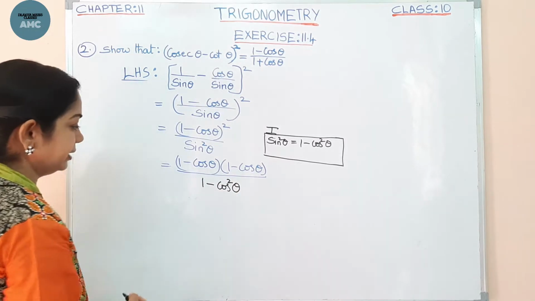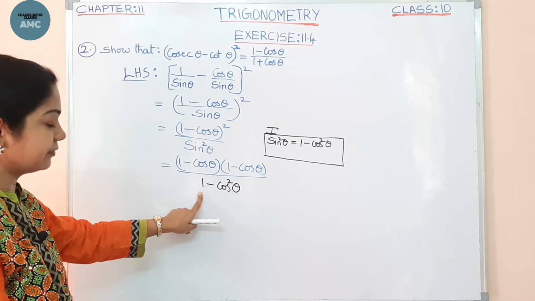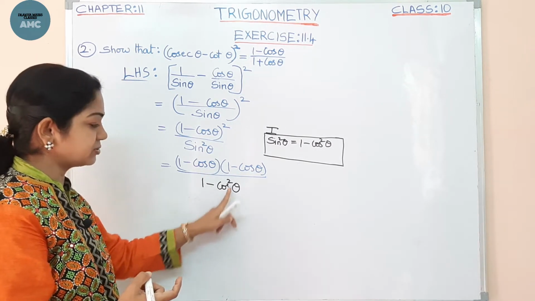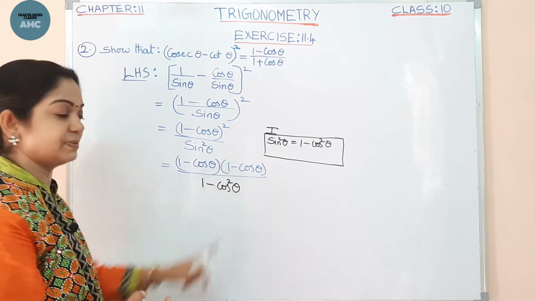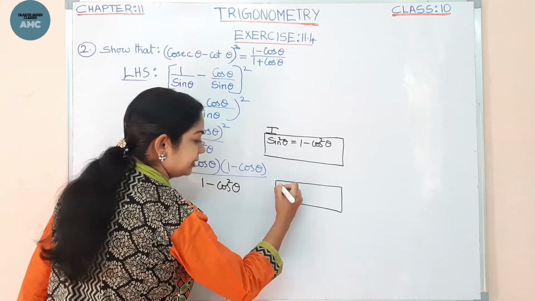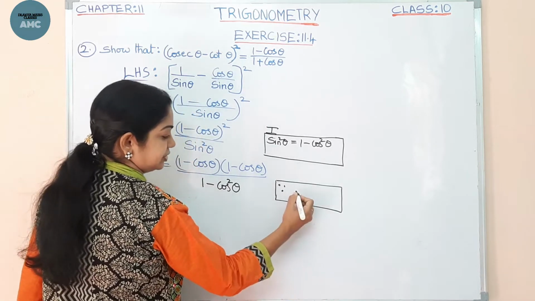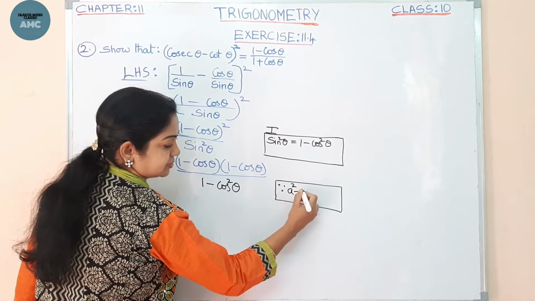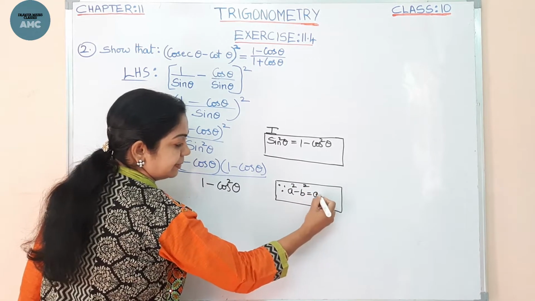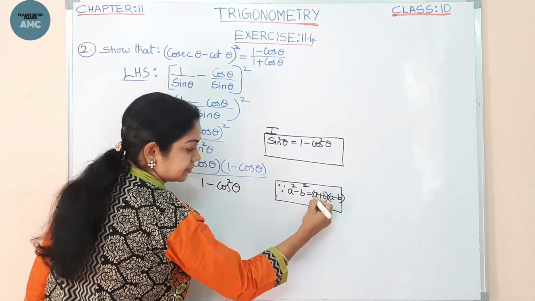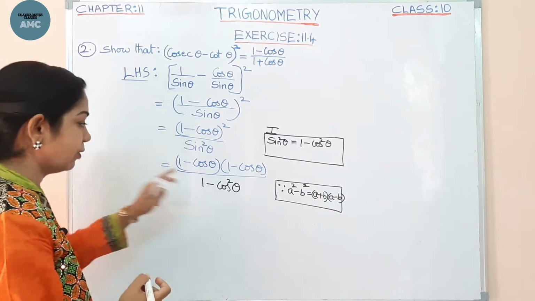Now here we can clearly see that this is in the form of an algebraic identity. So 1 can be written as 1 square minus cos square, that is a square minus b square. We should mention which identities we are using side-wise. a square minus b square is equal to a plus b into a minus b. This is the algebraic identity that we will apply for the denominator part.